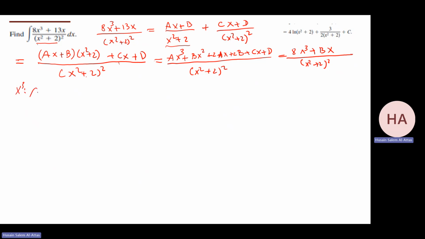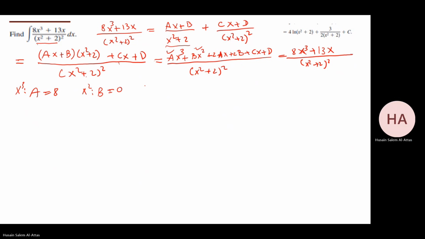I have on this side a, and it is equal to 8, so a equals 8. Now, for x squared, I have only b. But do you have x squared on the other side? No, this is 13. It's not b. No coefficient of x squared, so b equals 0.